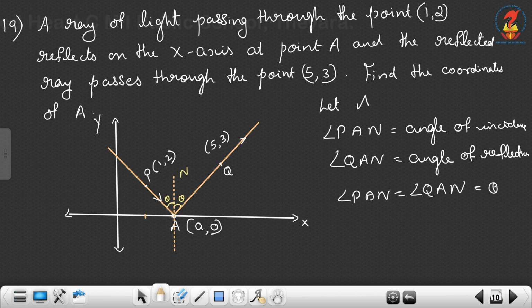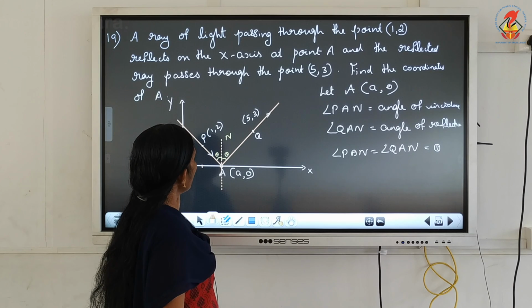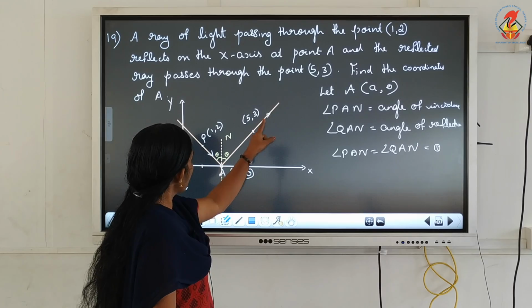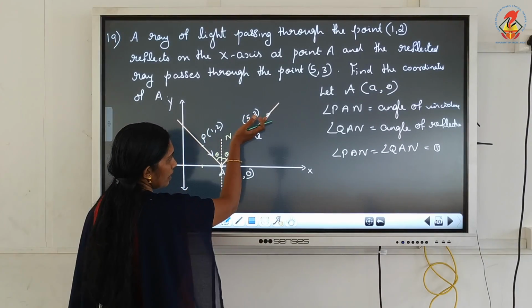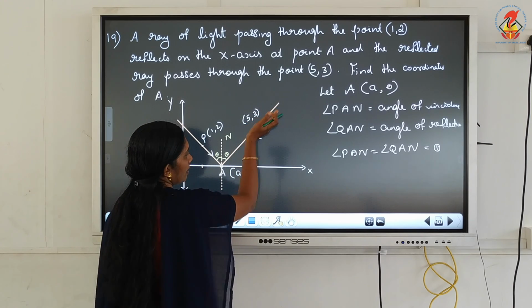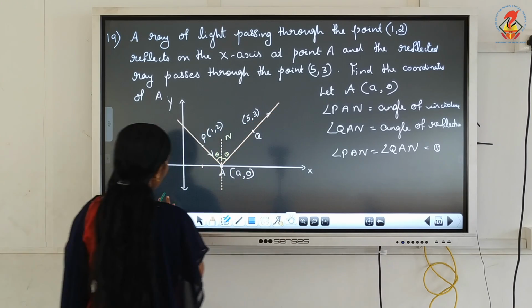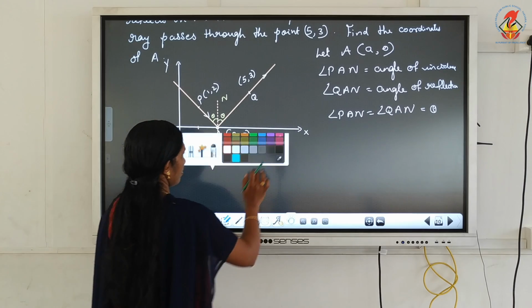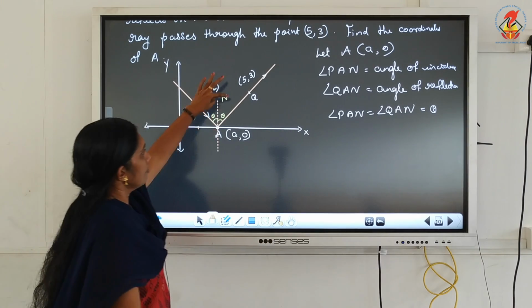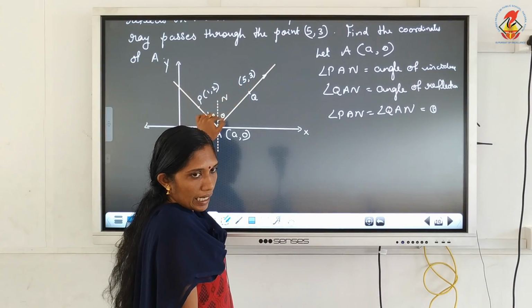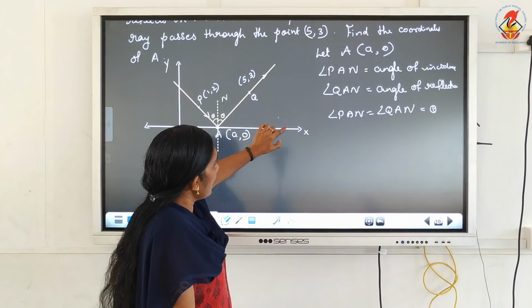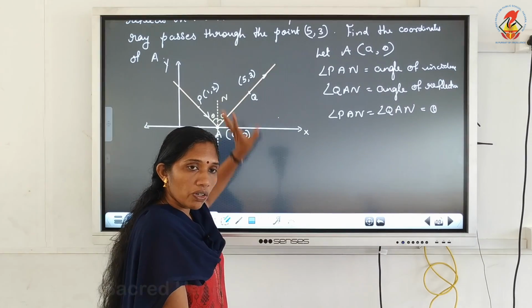And we have to find the coordinates of A, so A as A comma 0. Now what is the slope of this AQ? Slope means the angle made by the line with the positive direction of the x-axis, measured in the anti-clockwise direction.